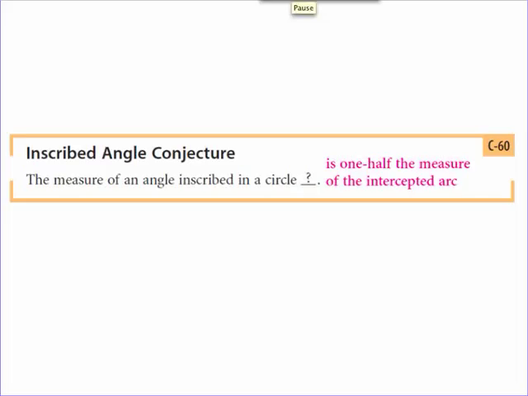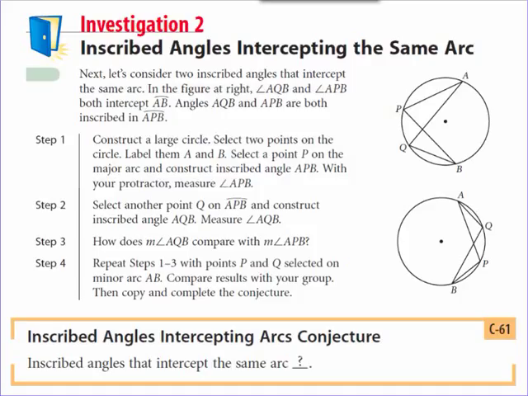Okay, we're going to move on with our second example. Notice here it says inscribed angles intercepting the same arc. I have two angles. First I'm looking at angle P, which would be this one right here.